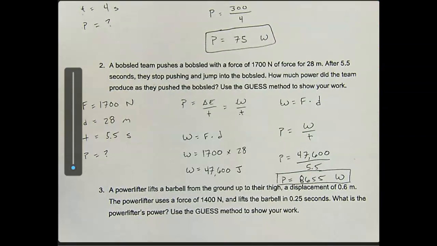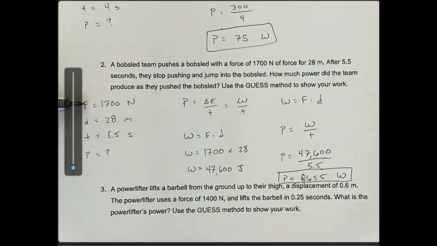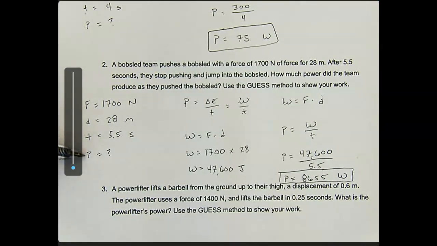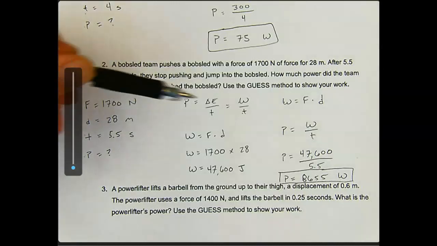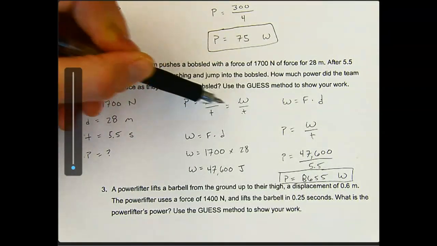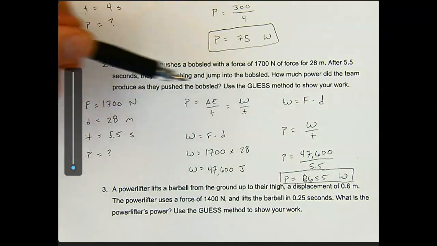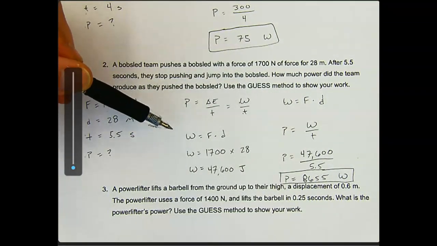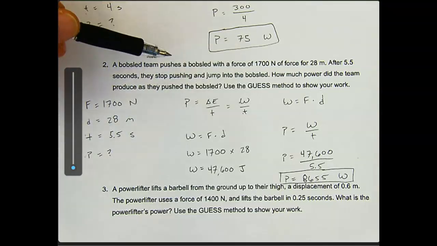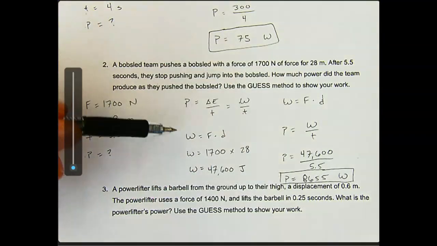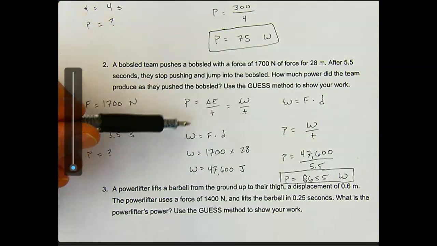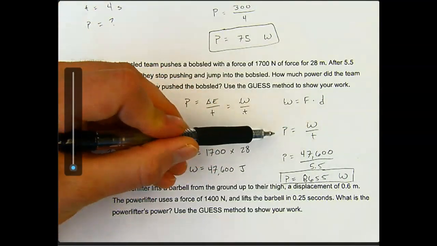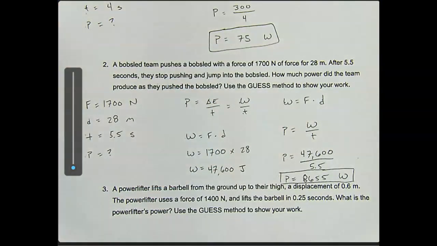So that one was a little bit trickier, but notice that we did what was given to us, what was our unknown, and then we looked at a couple of equations that we could use, a couple of equations that we were introduced to in the guided notes video. And then we were able to use two equations to find our missing number. First, we had to find work, and then after we found work, we were able to find power. Okay, let's try one more.